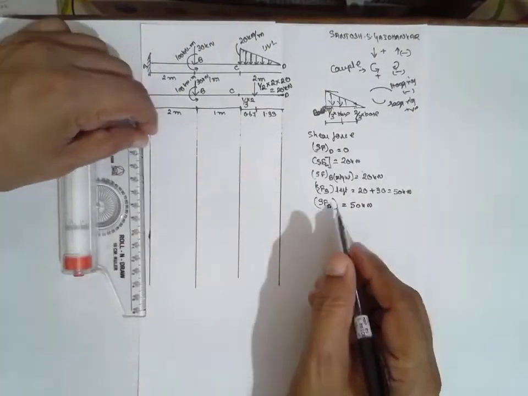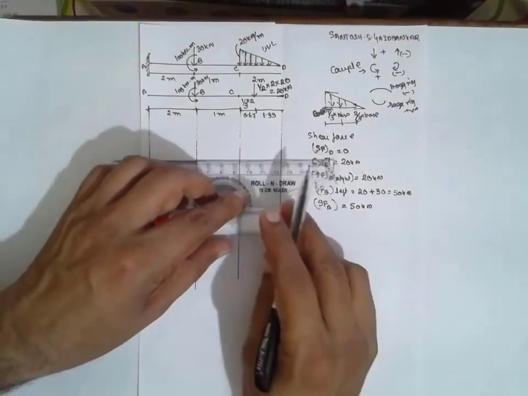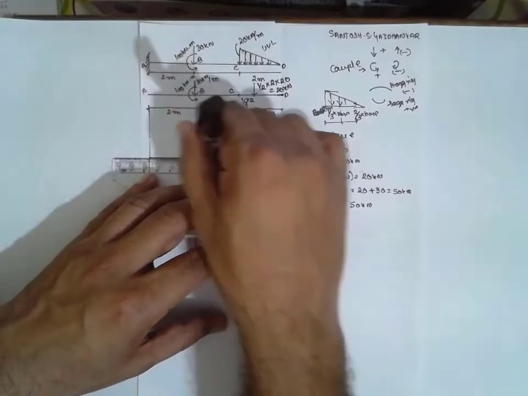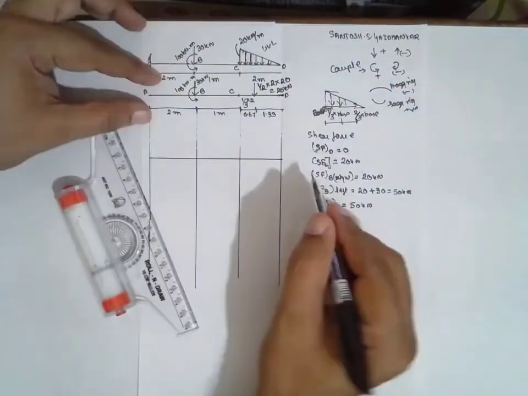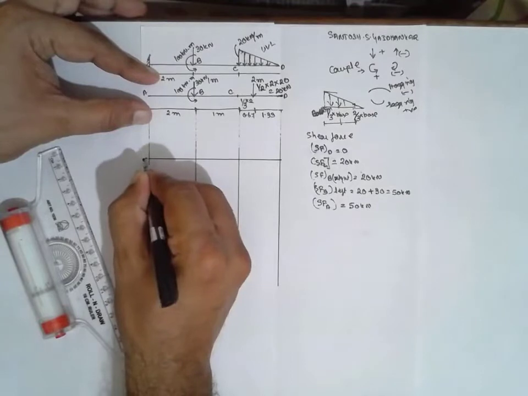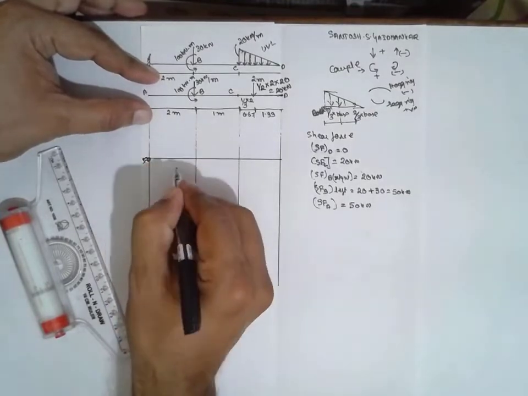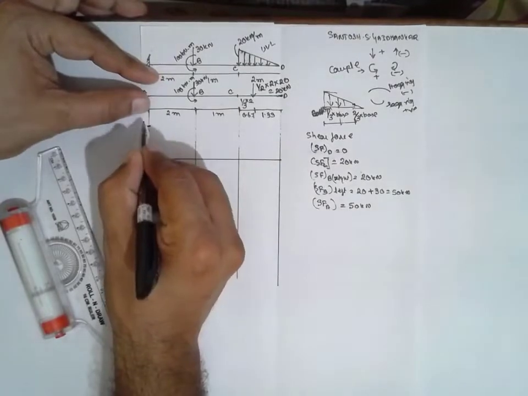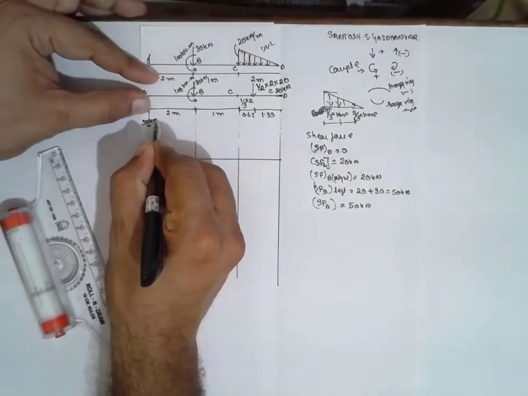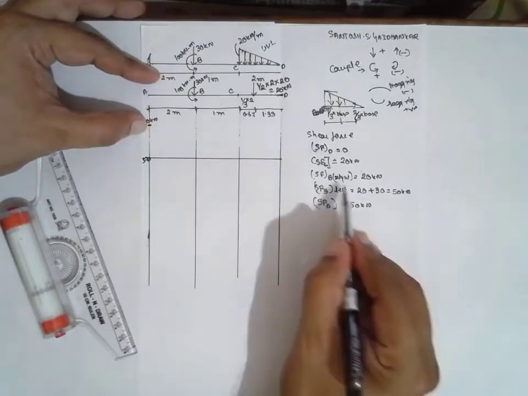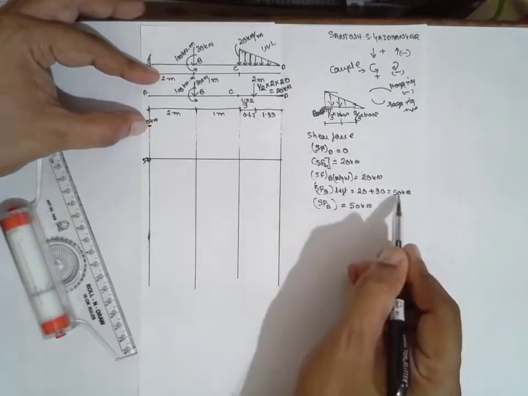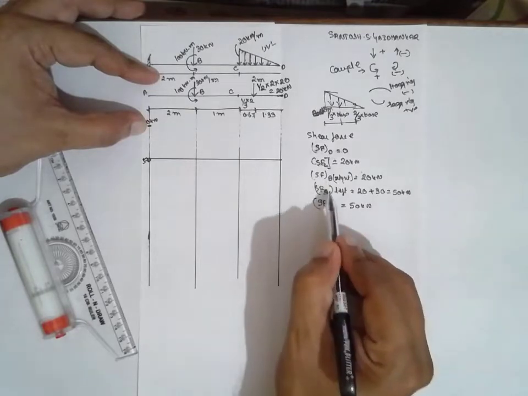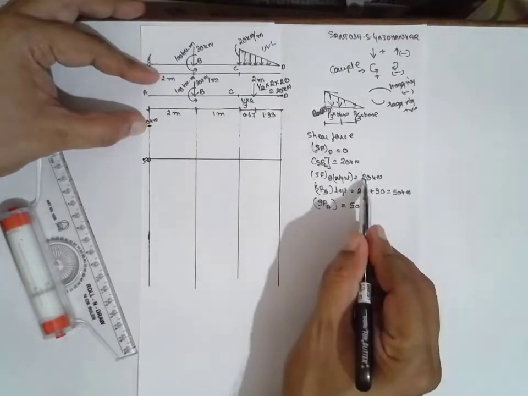Now we are drawing the shear force diagram based on this. Upward is considered positive and bottom is considered negative. The first is 50 kilonewton. Next, at B, for the left it is 50. That means on the single line of B, there will be 50 and 20.